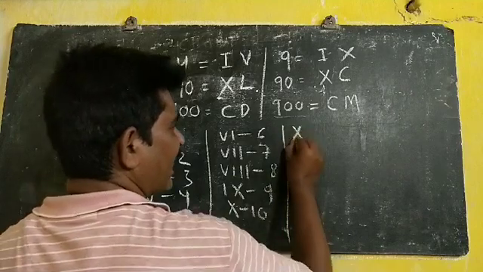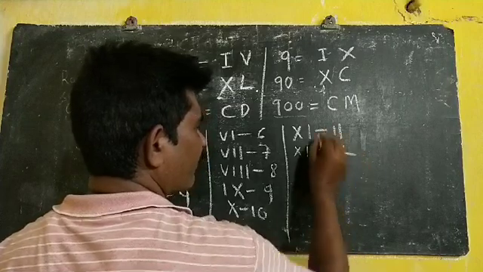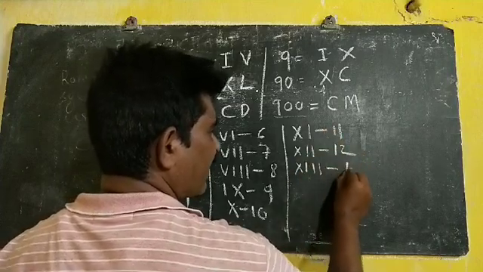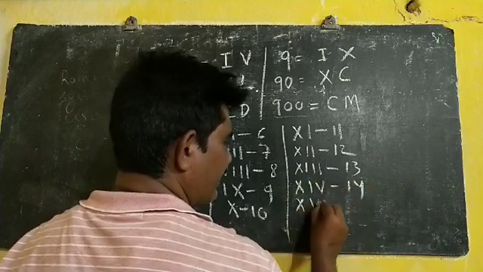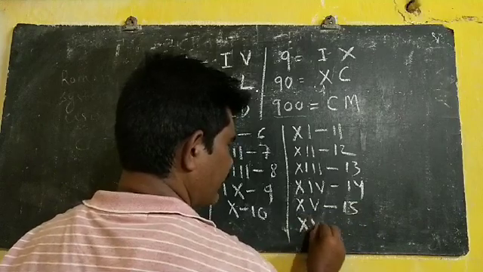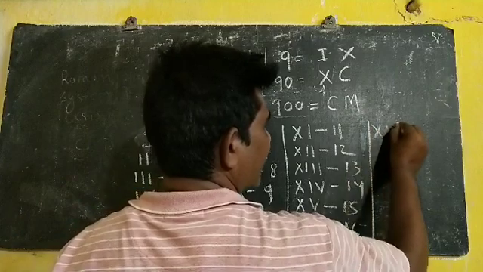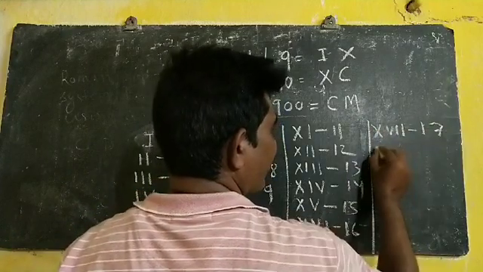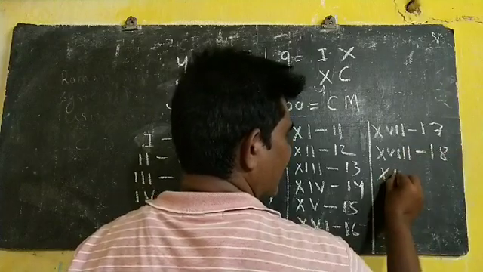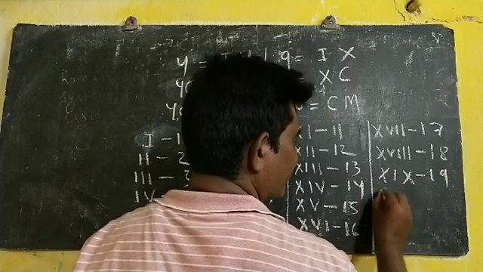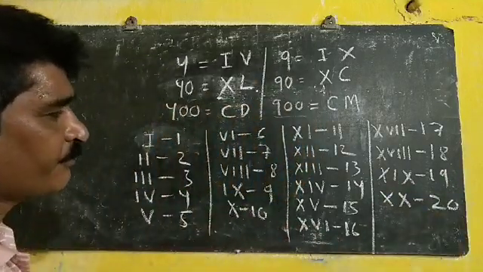Similarly, XI 11, XII 12, XIII 13, then XIV 14, XV 15, XVI 16, then XVII 17, XVIII 18, then XIX 19, then XX 20. Okay.